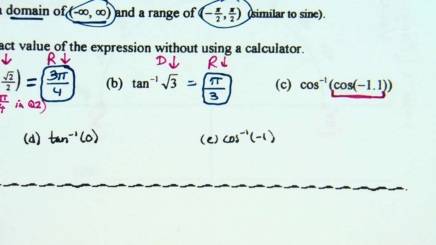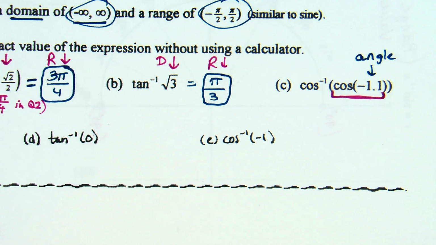Now, we say cosine of negative 1.1. First of all, as crazy as it is to think about that, negative 1.1 is an angle here, right? When we do sine, cosine, or tangent of something, it's an angle. So when you think of this negative 1.1 as an angle, and it's not marked degrees, which means it's negative 1.1 radians, do some thinking.